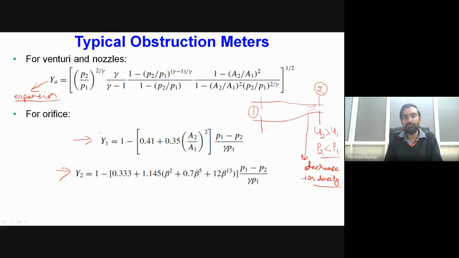While using orifice type devices, as I have told you, depending upon the type of arrangement, we can employ three different configurations for taking the pressure taps. Depending upon the location of the pressure tap, we will have a different factor of expansion.